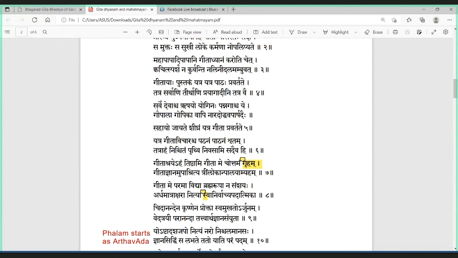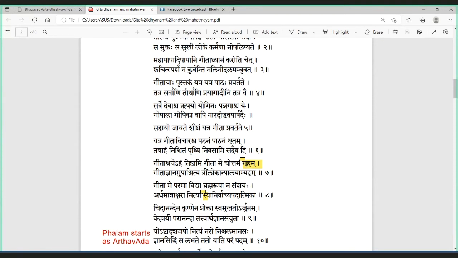Then sarve devascha rishayah yoginah pannagascha ye gopala gopika vapi naradodhava parshadaihi. Wherever there is Gita, there all the gods, all the rishis, all the yogis, all the pannagaha are there.